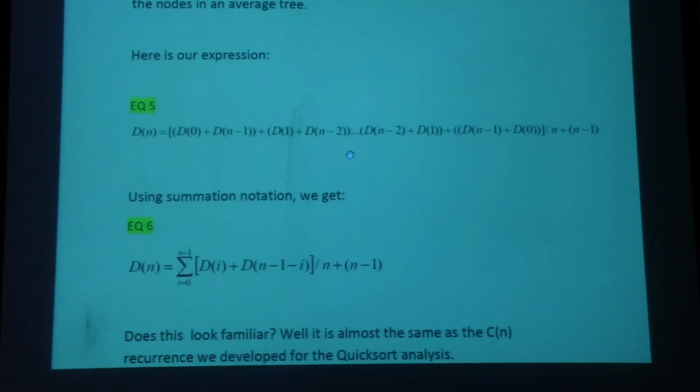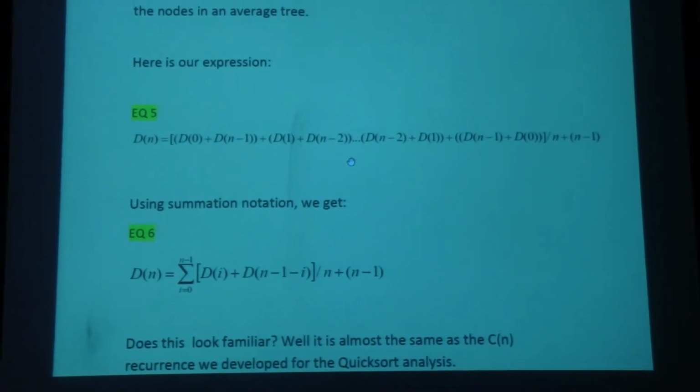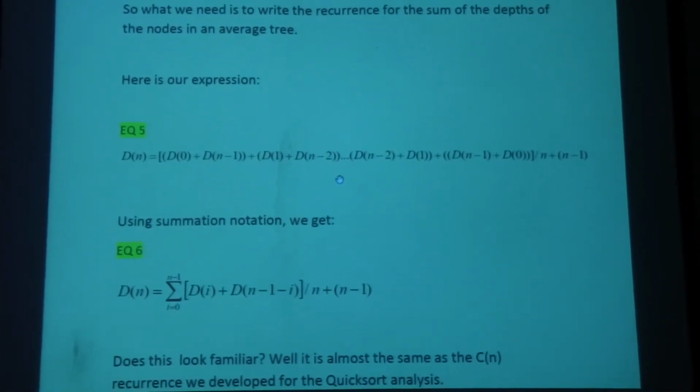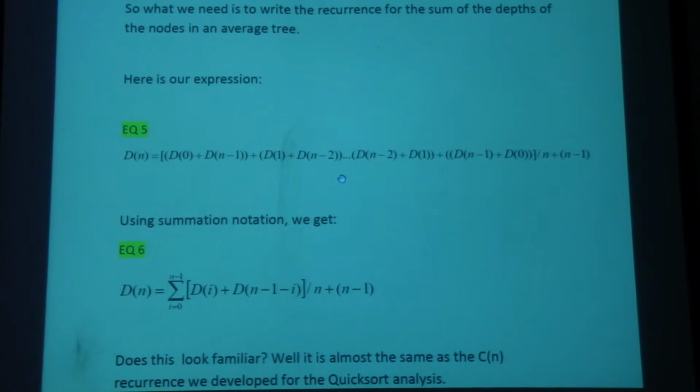So we need to write a recurrence for the sum of the depths of the nodes in an average tree. So our expression is going to look like this.